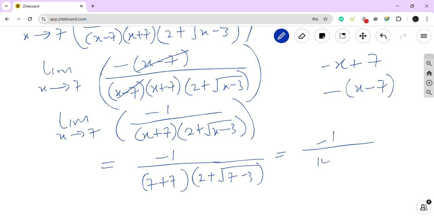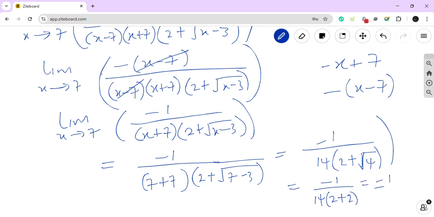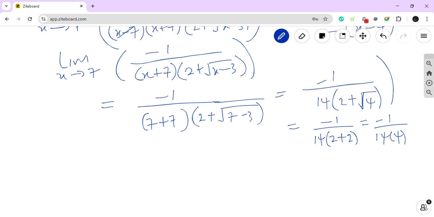So this should be 14 into 2 plus square root of 7 minus 3, which gives 4. Good. So that will be minus 1 over 14 into 2 plus square root of 4, which is 2. So we have minus 1 over 14 into 4, which is minus 1 over 56.